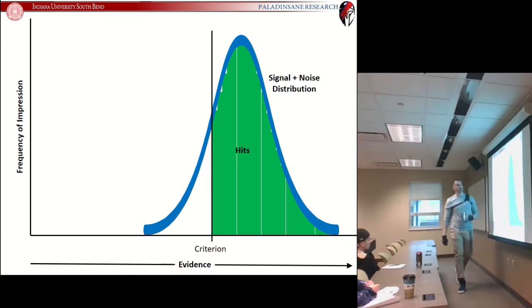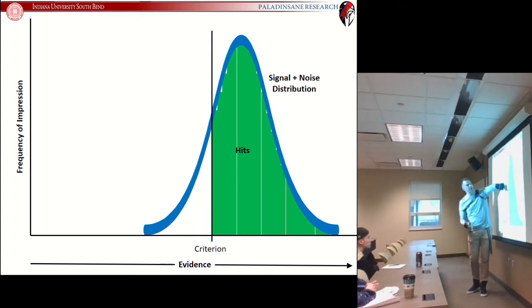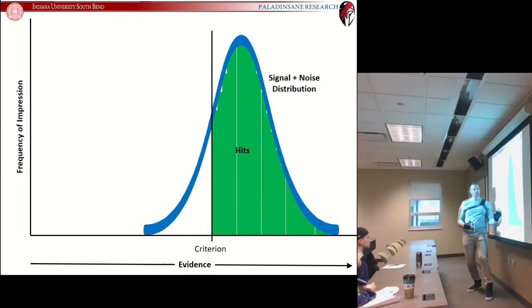The other possibility is that the signal was there, but you missed it, right? So the signal was there, but because of your low perceptual system activation, because of that low amount of noise that you started with, the signal doesn't push the signal plus noise distribution past your criterion.